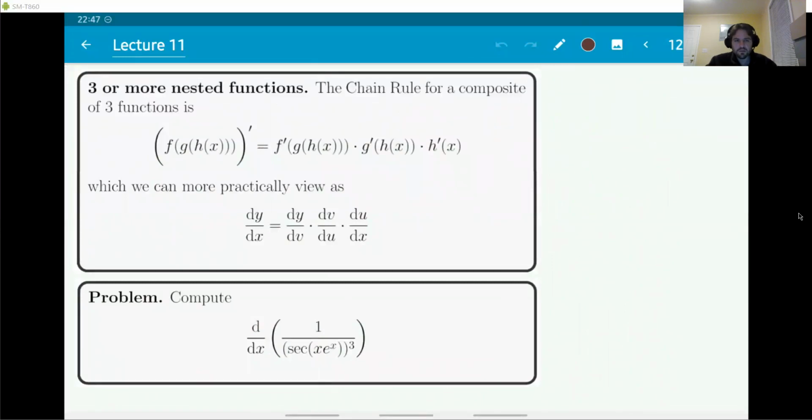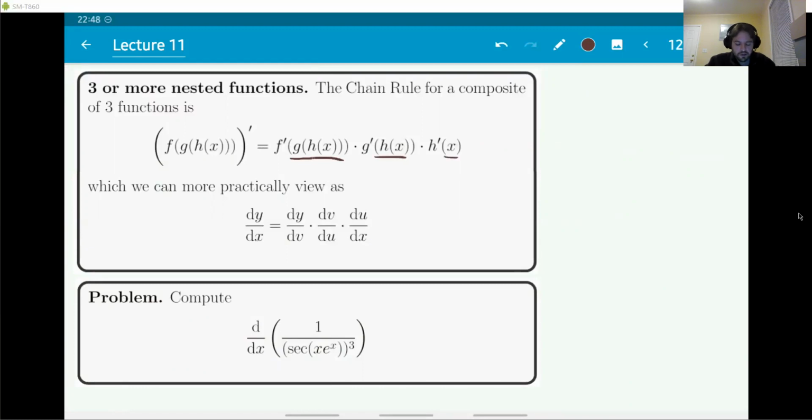And now I wanted to mention, by the way, sometimes you can have more than 2 functions being composed together. Here's the chain rule for a composite of 3 functions, f of g of h. How does that work? In terms of the original formula, sometimes it's better to think of it this way. It is, again, multiplication of the derivatives, f prime times g prime times h prime. But they are derivatives calculated at the corresponding numbers, g of h of x, and just x.